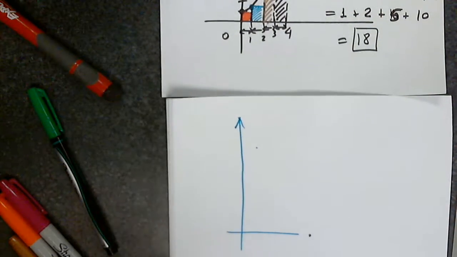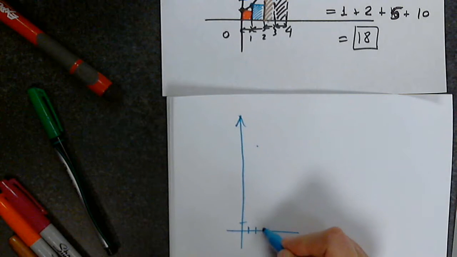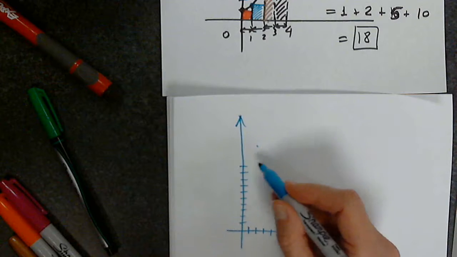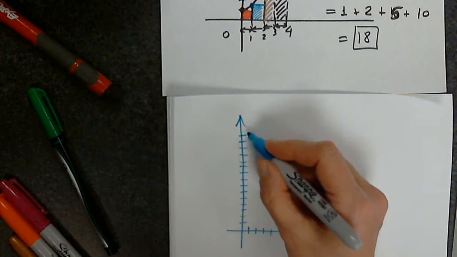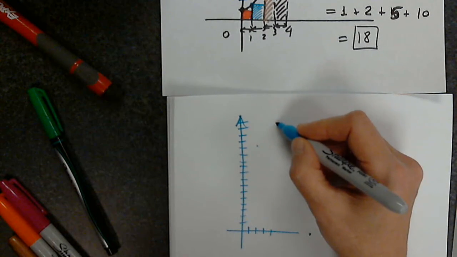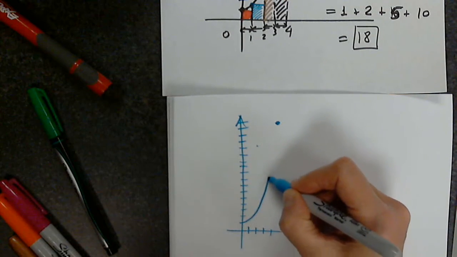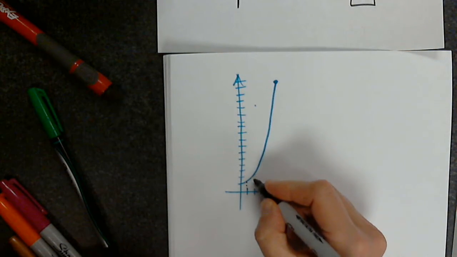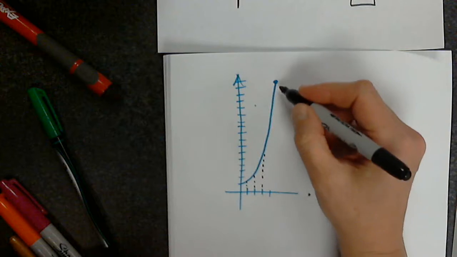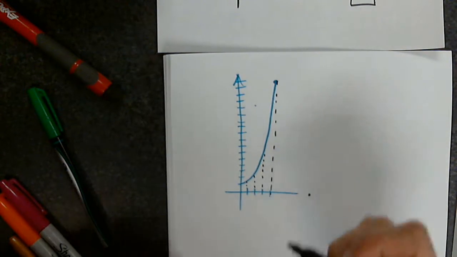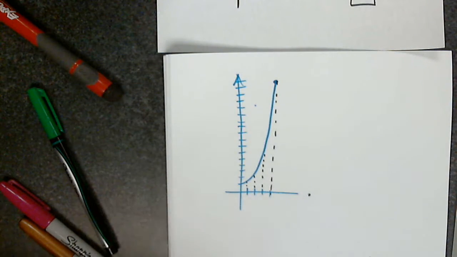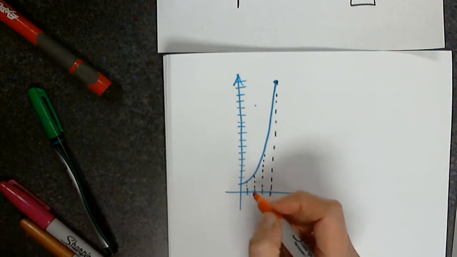This time, the same situation, except that this time I'm asked to use the rightmost point for each subinterval.